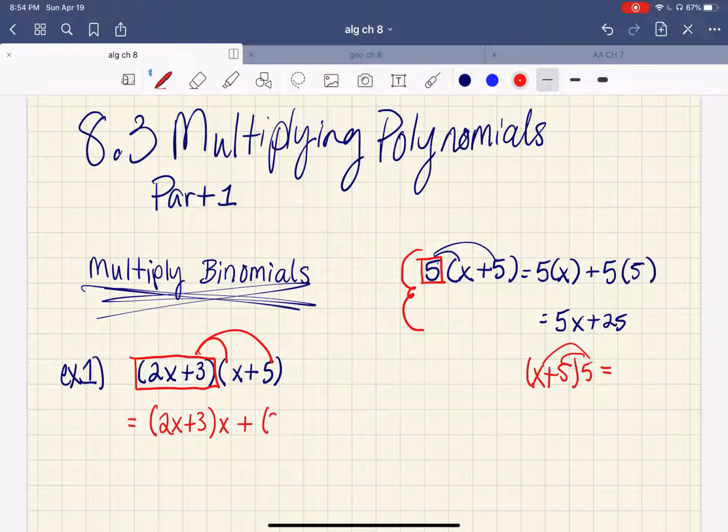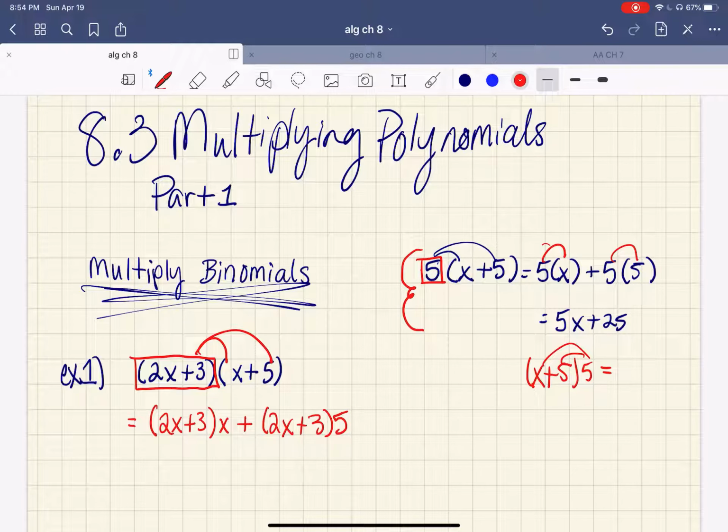And then we'd have 2x plus 3 times 5. And that is our first step. So that's what we did here. We had those 2 multiplied together and those 2.